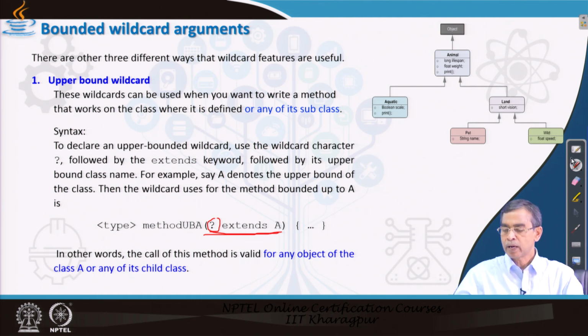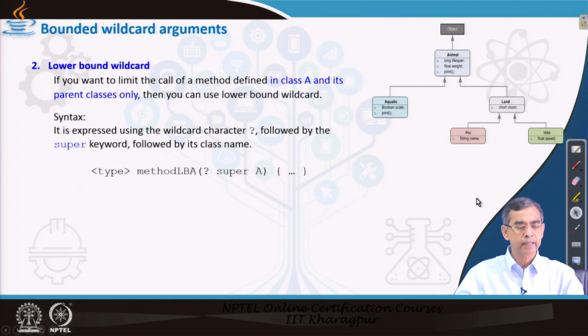Similarly, the lower bounded wildcard argument can also be defined. Here is the lower bounded wildcard argument syntax as you see. In lieu of the extends keyword you just use super, and this is the name of the class.